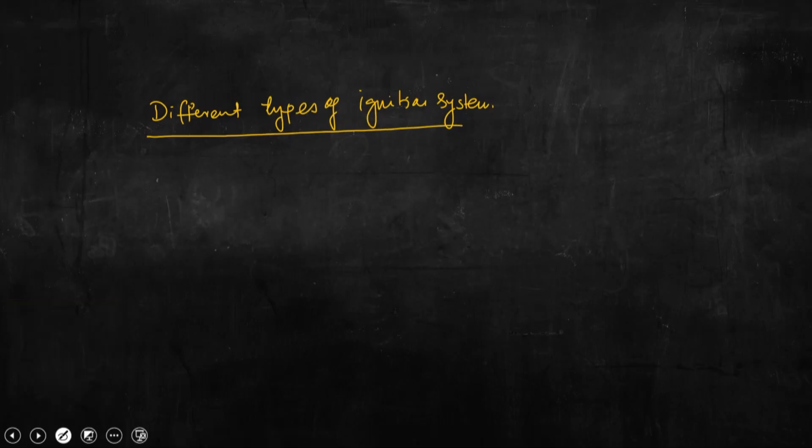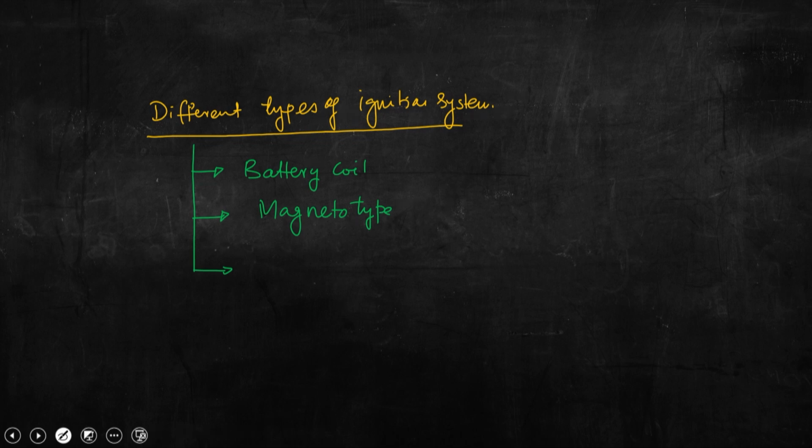So, the different types are: the first one is battery coil type, the second is magneto type, number 3 is electronically controlled. Electronically controlled can still be subclassified into two different categories.